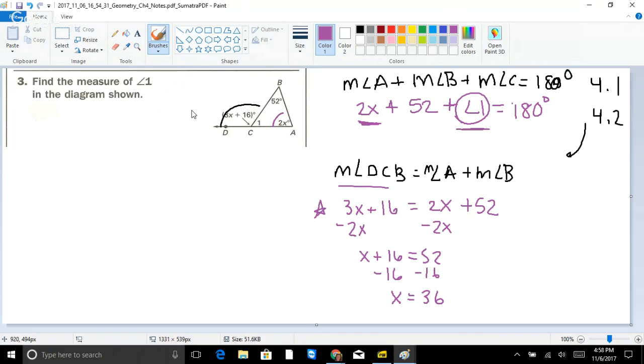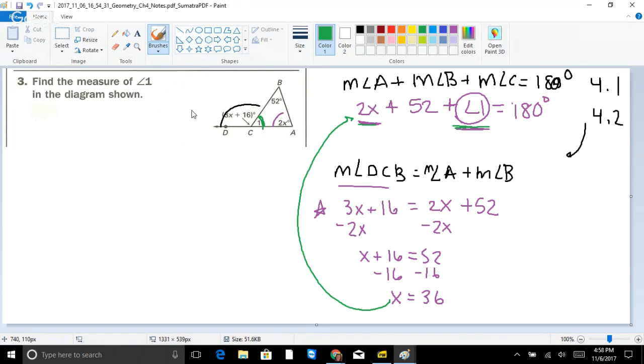We're not quite there yet, because ultimately we're trying to figure out the measure of angle 1. Up here, I had this equation, but I had angle 1 and x that I was trying to find. Now I found x, and I can plug it back in.